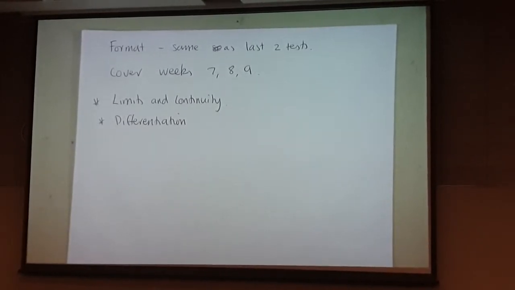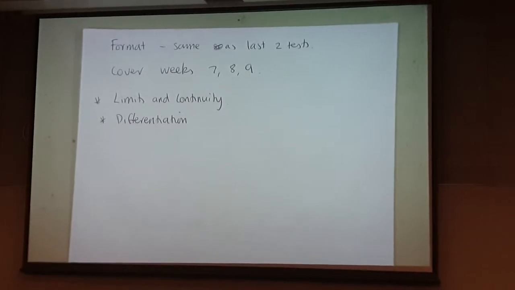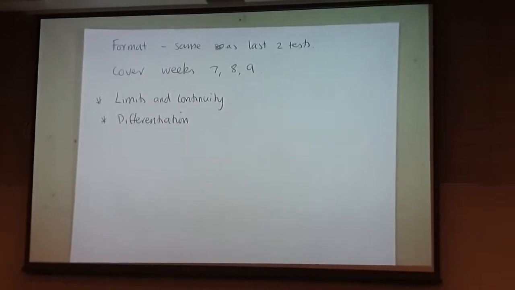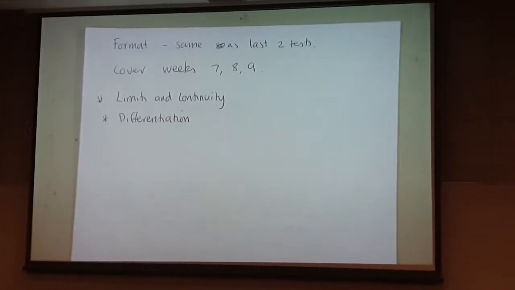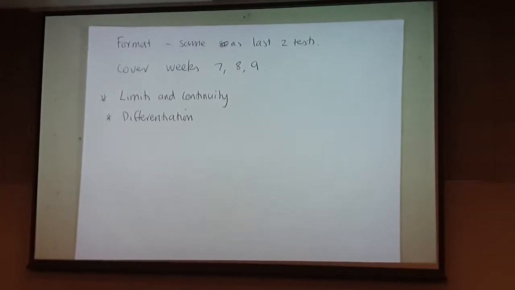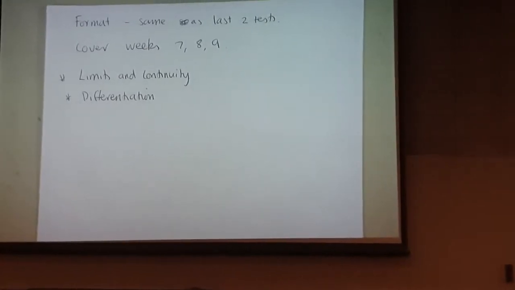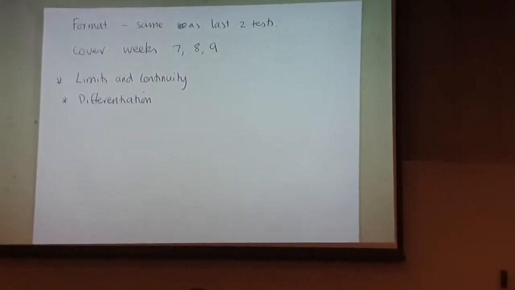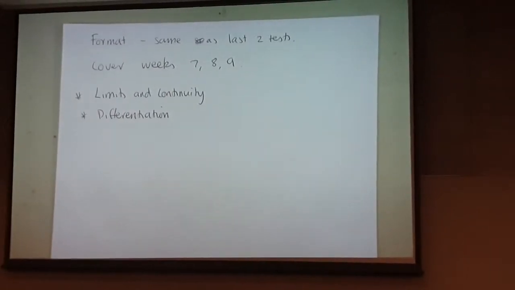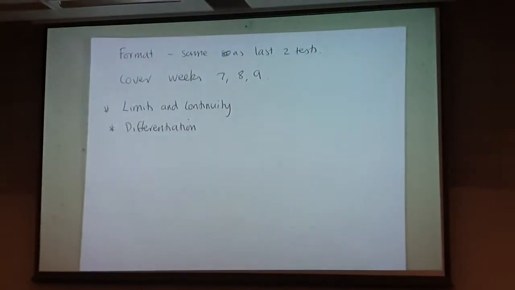Basically I'll say this now, the formula sheet will be exactly the same as what's in the practice tests. So it will cover the rules of differentiation, the product rule, quotient rule, chain rule, but the basic ones you should know. So the ones I just said, I consider the basic ones.